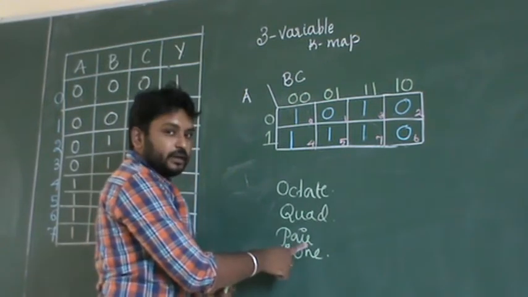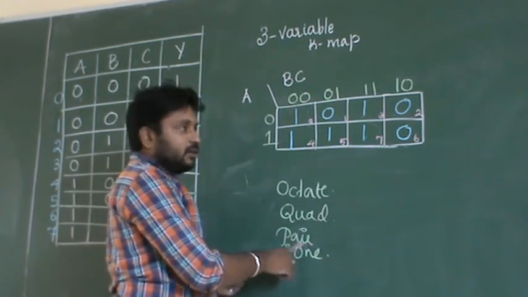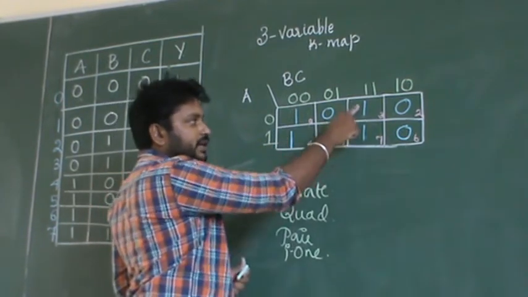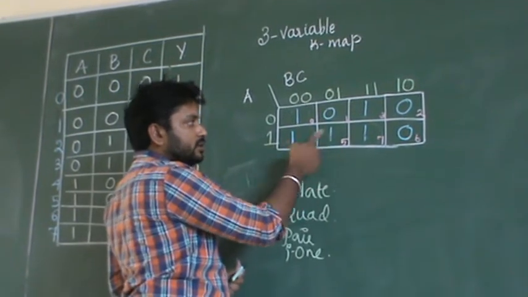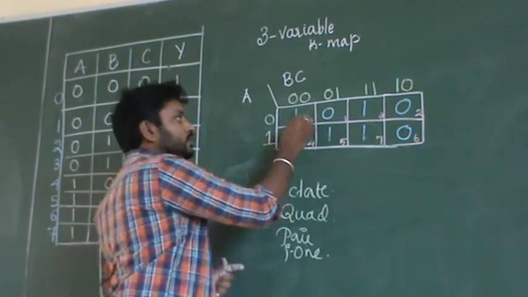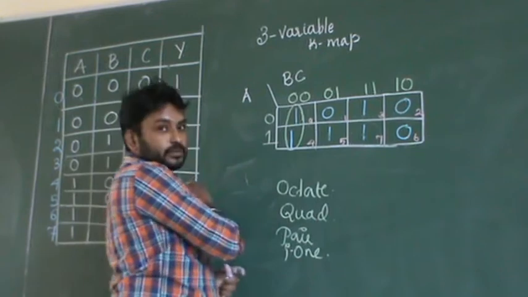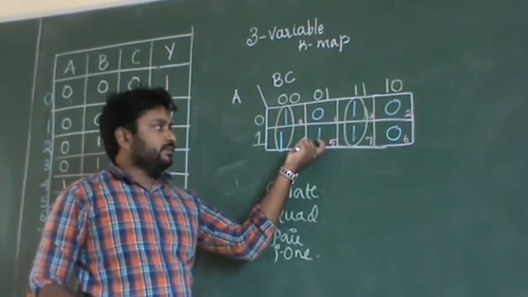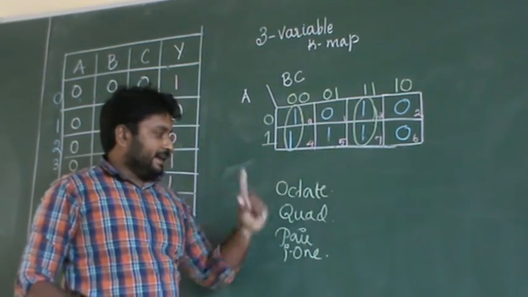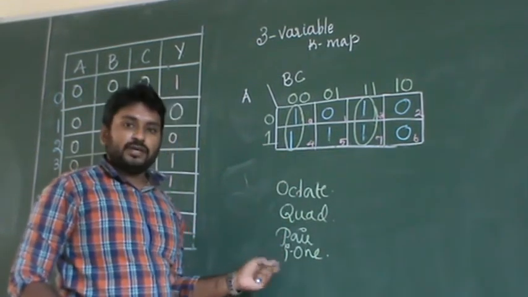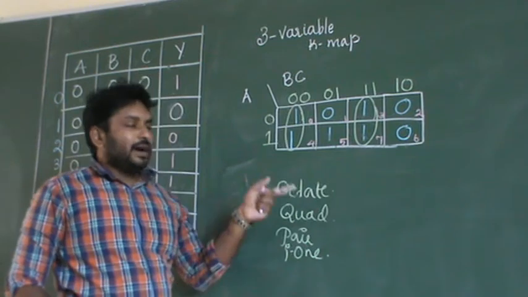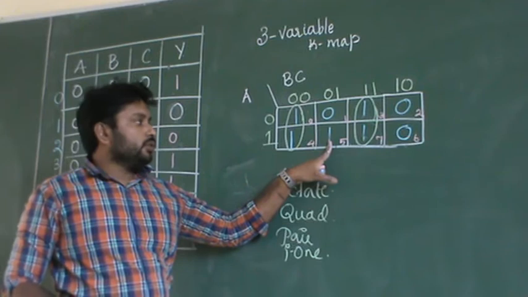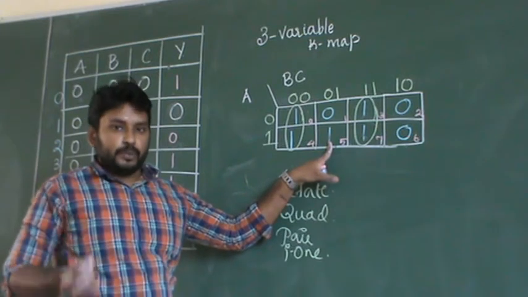Next come to pair. Yes, obviously I can go for pair. So what are all the pairs? These 2 ones I can pair, and these 2 ones, and these 2 ones, or these 2 ones, anything. It is left to the user. So these 2 I have paired, and this one is left out. I should not go for an isolated one, because you have the possibility to include this one into a pair group.